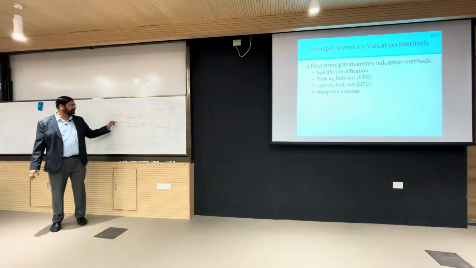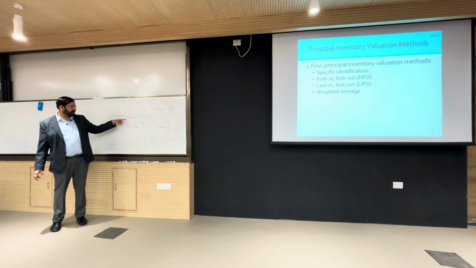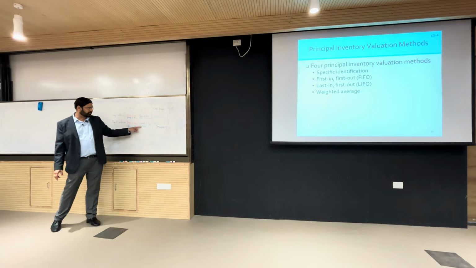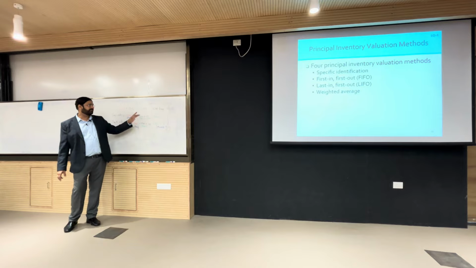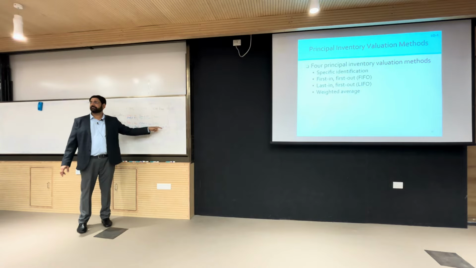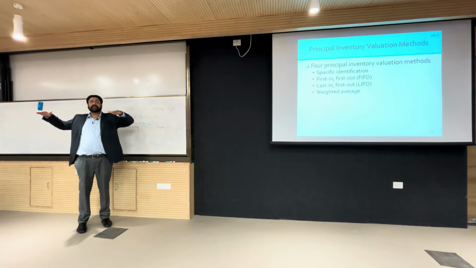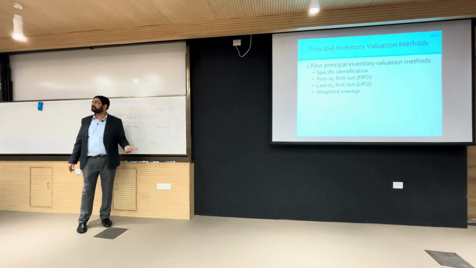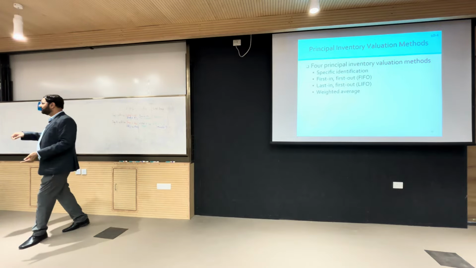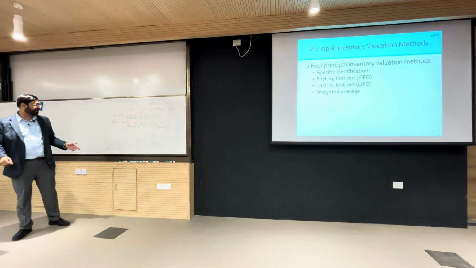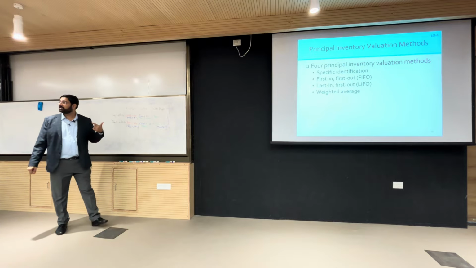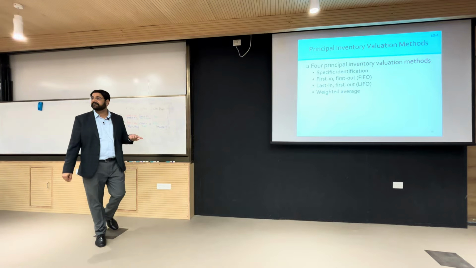So under inflation we said FIFO will give a higher profit and balance sheet is strong, LIFO will give a lower profit and balance sheet is weak, and weighted average is somewhere in the middle, right, because we are taking average. And then specific identification, we have to specifically look at the cost of that thing, right. So this is for the case of inflation, which is rising prices.